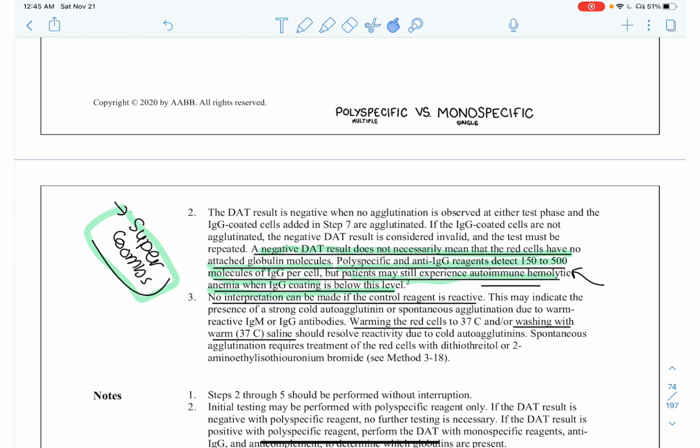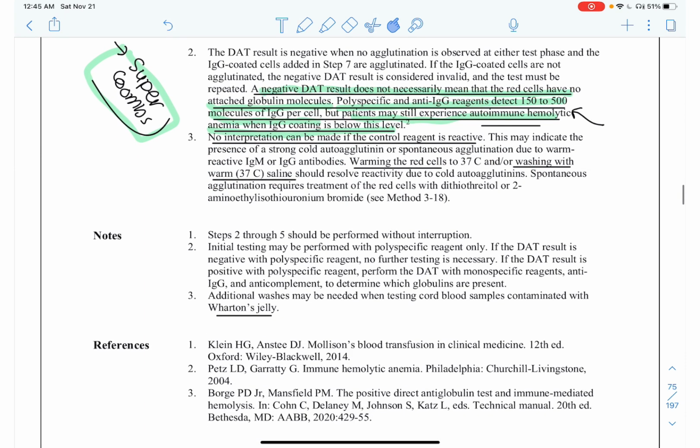The last note I'd like to point out is that no interpretation can be made if the control reaction is reactive, and it lists some procedures that you can perform here to remove and investigate the extra reactivity that you're seeing.